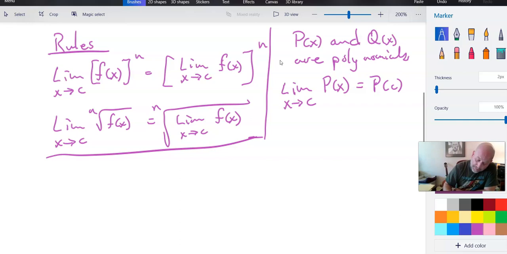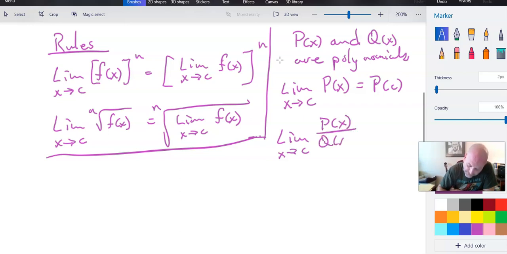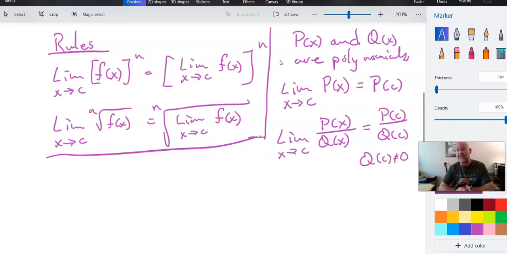Where we start looking at kind of tricky stuff is when we're looking at the limit as x approaches c of p of x over q of x. As long as q of c isn't 0, then this is just p of c over q of c. But again, q of c can't be 0. If q of c is 0, we have to do something, right?